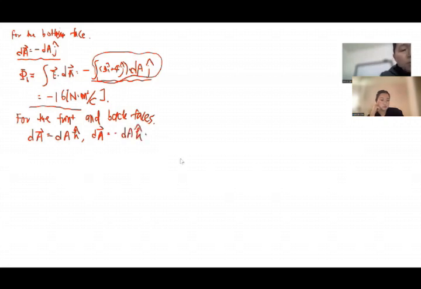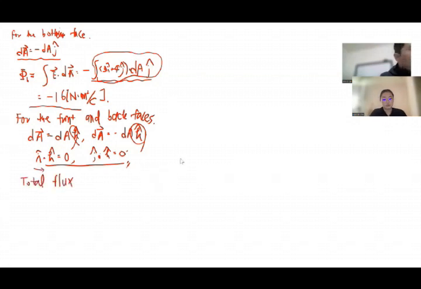But as you know, the dot product of two perpendicular vectors is equal to 0, so the flux through those two faces must be 0.